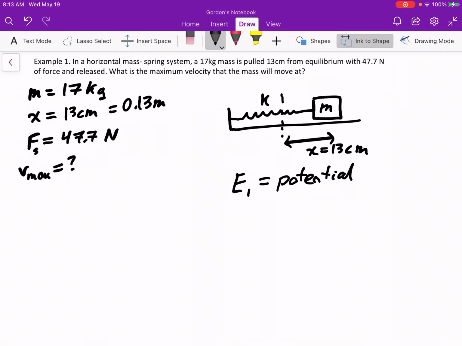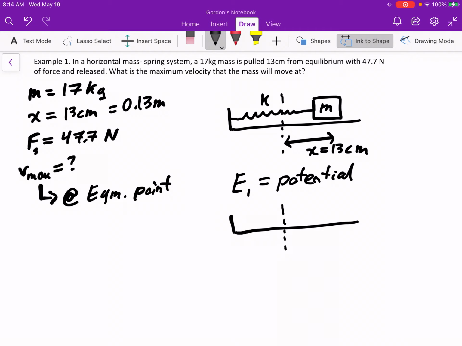And if we want to figure out what the maximum speed is, remember the maximum speed occurs at the equilibrium point. So at the equilibrium point, let's just draw another little picture here. So at this equilibrium point, we'll try to put it in the same spot.